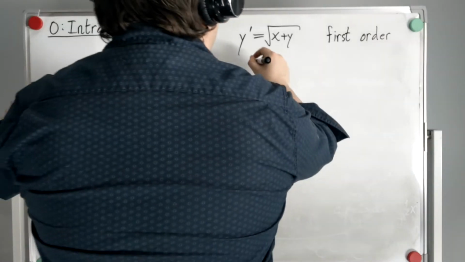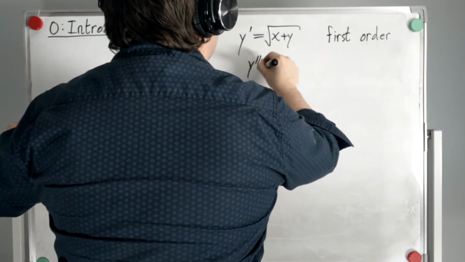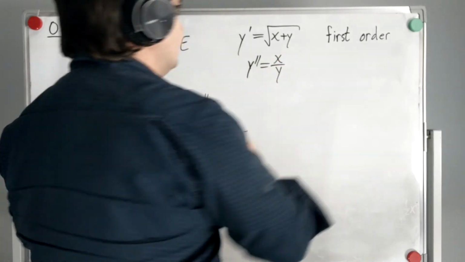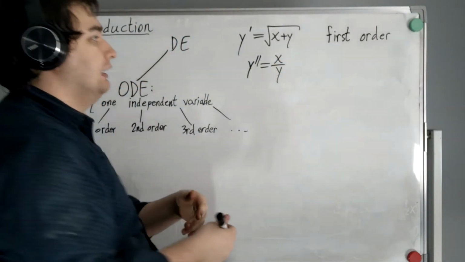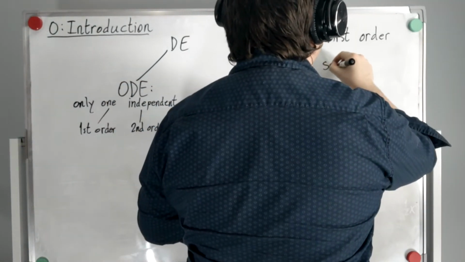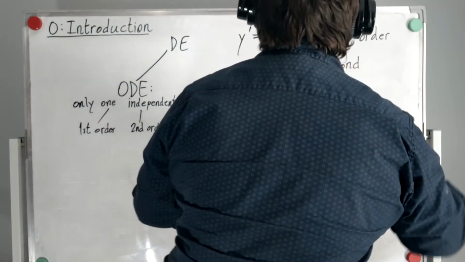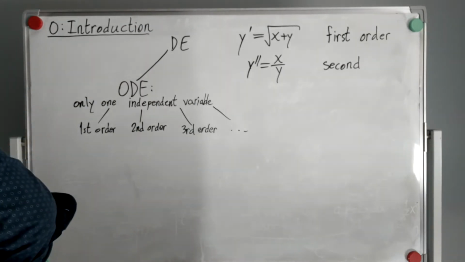You could have higher order equations like y prime prime equals x over y. So this is saying the second derivative of y needs to be x over y. That's a second order equation because the highest derivative being taken is a second derivative.